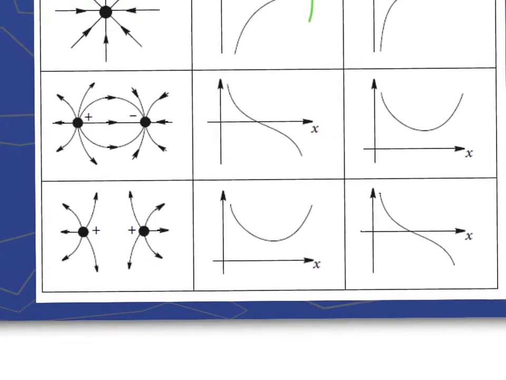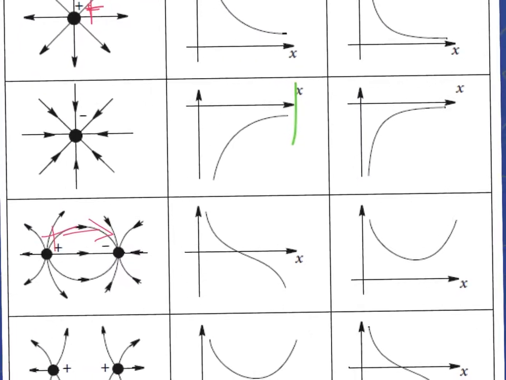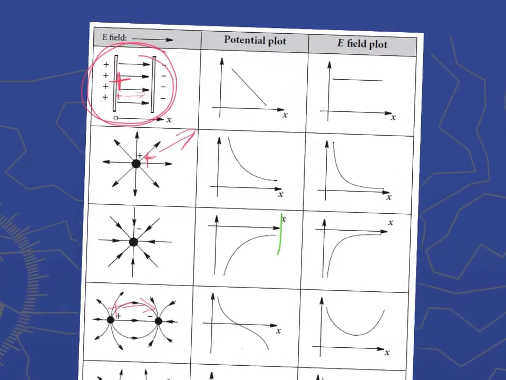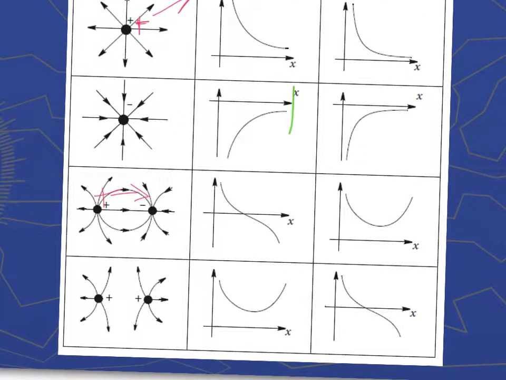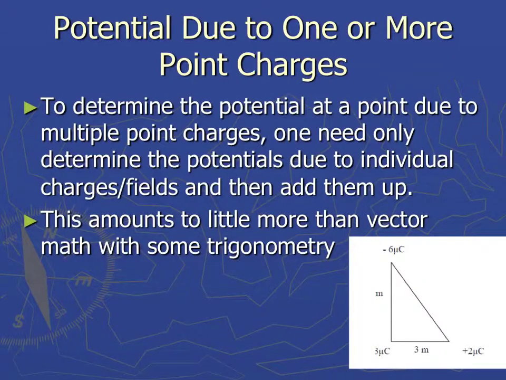When we have a positive and a negative, it gets a little bit funky. As we move from positive to negative, we see that the potential changes from positive to negative, and our electric field actually gets weaker and weaker. In the middle, it's at its weakest. As we get closer to the other charge, though, we see it start to gain in.